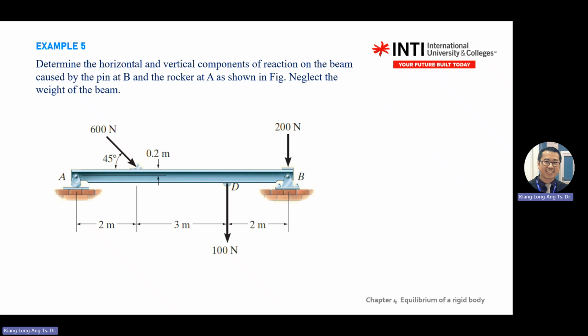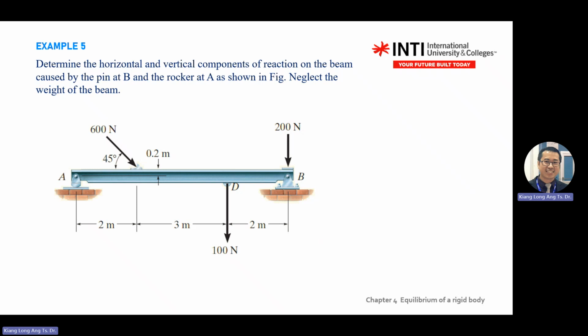Then this one, remember to tell me the direction. X positive, go up positive, moment anti-clockwise positive. So this one, 100 multiply 2 meter, you get positive or negative moment? This one, 100. This one. You put a B. What is the moment you create?